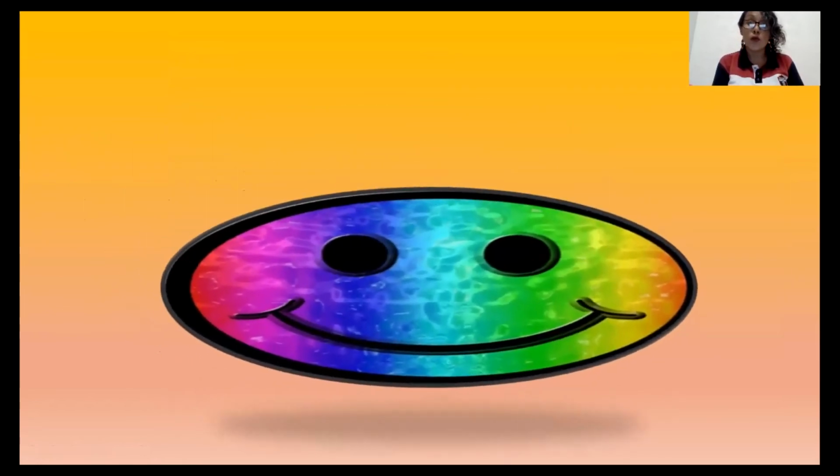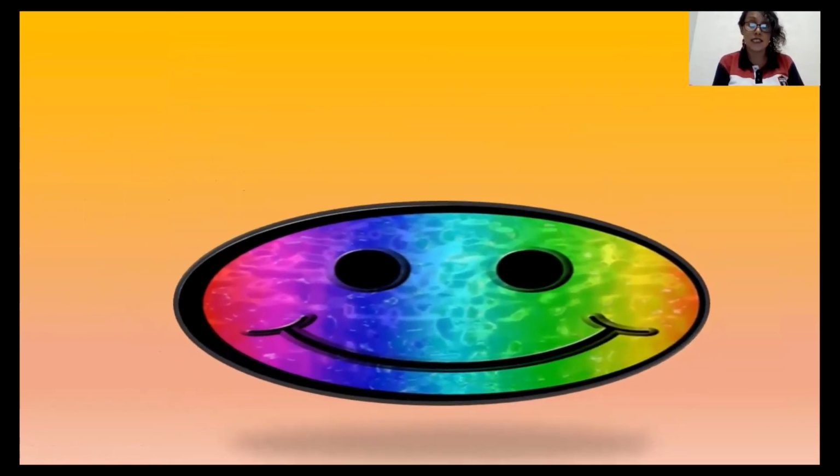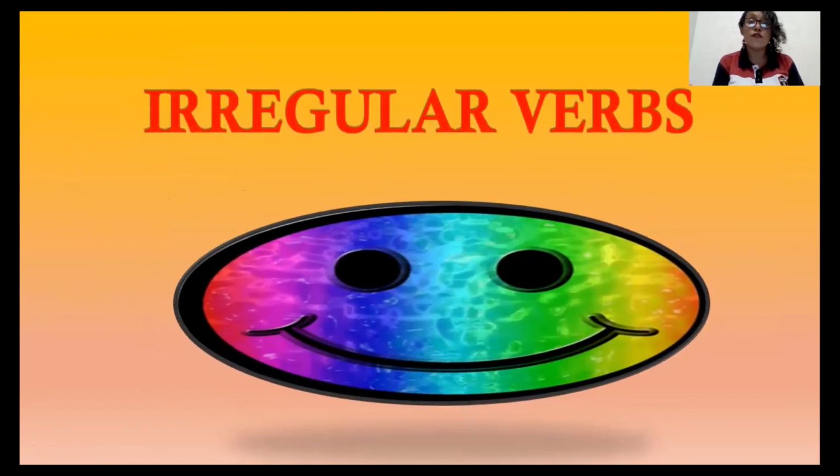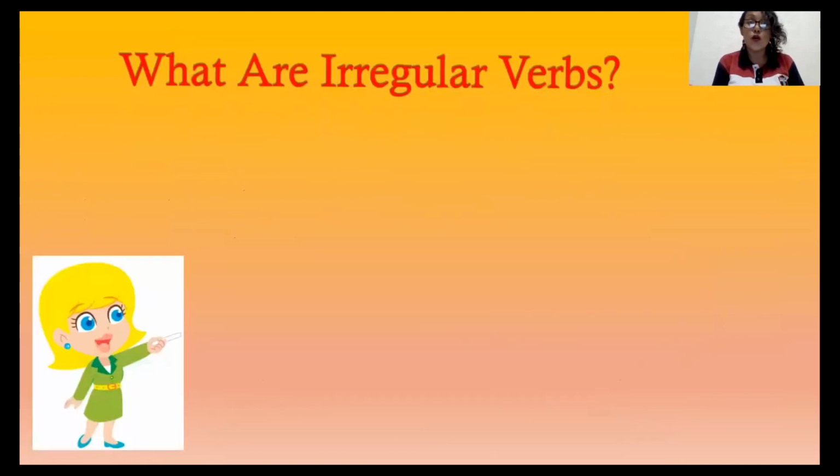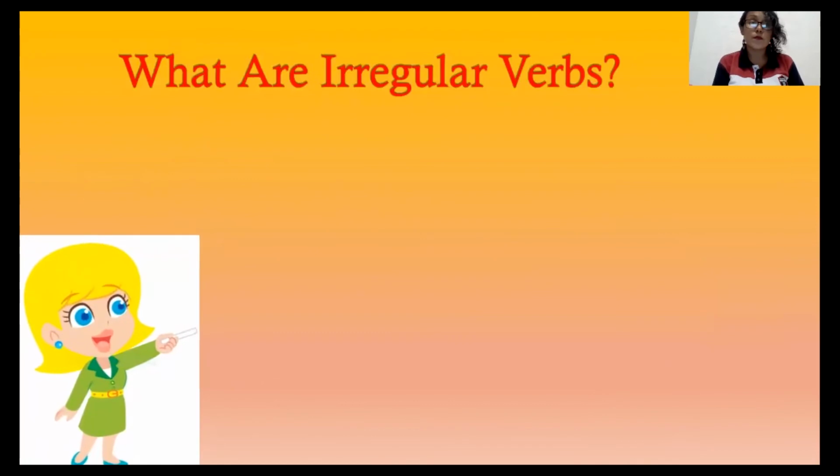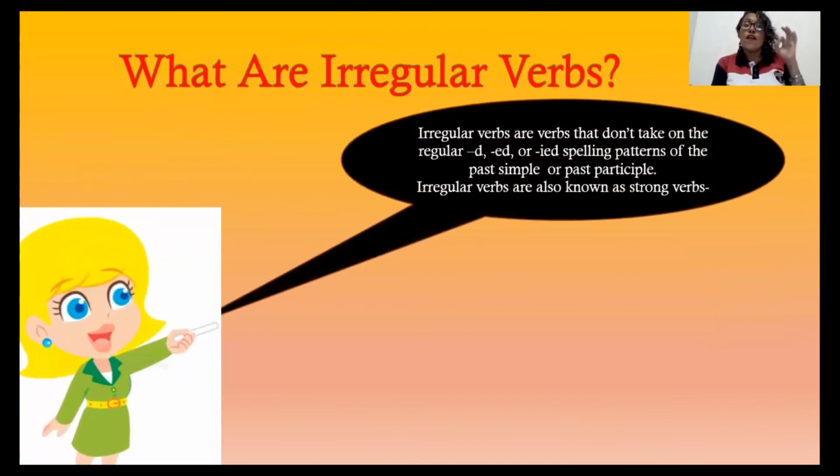Now, we go with the irregular verbs. The irregular verbs are those that don't follow this pattern of d, ed, or id, okay?